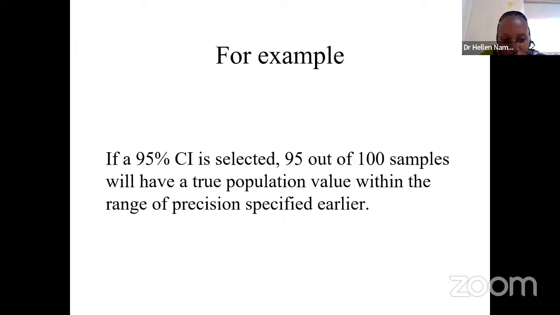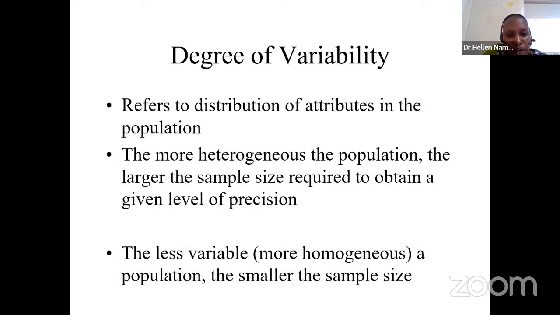So we talked about the 95%, implying that you are confident that 95 out of 100 samples will be able to represent the true population value within the range of precision, which we said has a plus or minus 5.